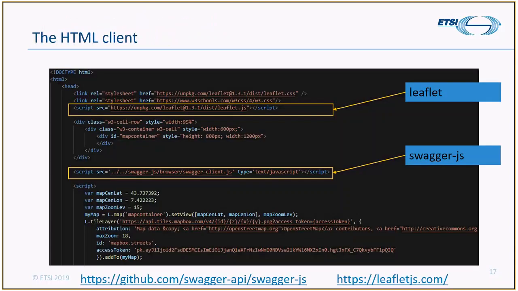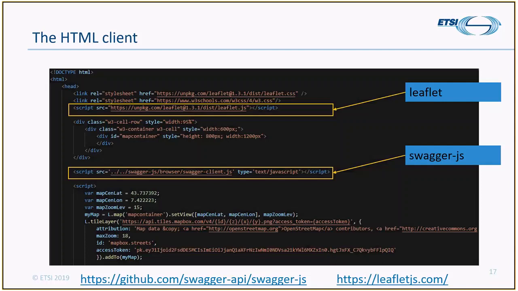Now for the client. Here I'm using an HTML web page which uses JavaScript to make location API queries. First I've installed Swagger.js from the Swagger team, which is an open source JavaScript library to connect to Swagger-enabled APIs via a browser. The functionality can be utilized in an HTML file to interact with the server, for instance to query for a user's location.